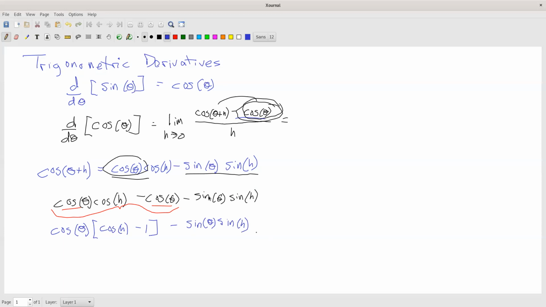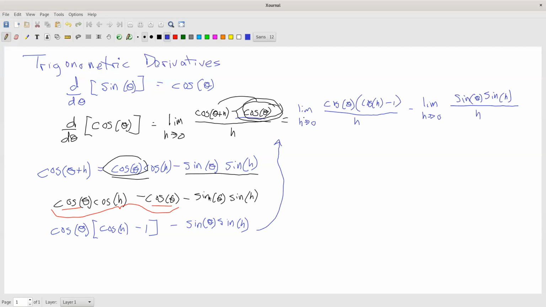So I'm going to come back up here to my limit, and I'm going to separate it into two limits. So I'm going to have the limit as h goes to 0 of this first part divided by h. So that's the cosine of theta times cosine of h minus 1, all over h, and then minus the limit as h goes to 0 of the sine of theta, sine of h over h.